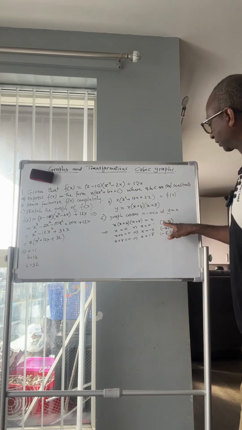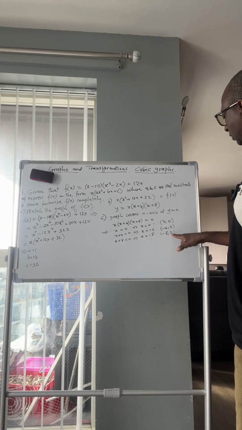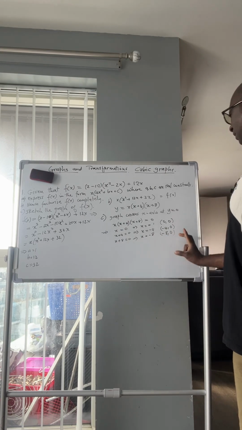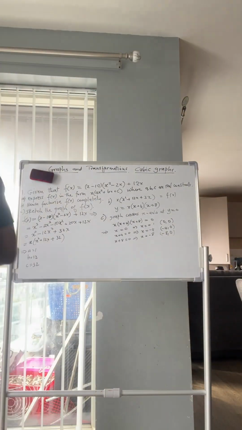It simply means x is 0 here, y is 0. X is minus 4, y is 0. X is minus 8, y is 0. Because it crosses the x-axis at y equal to 0. That's what this implies. So you got that one.